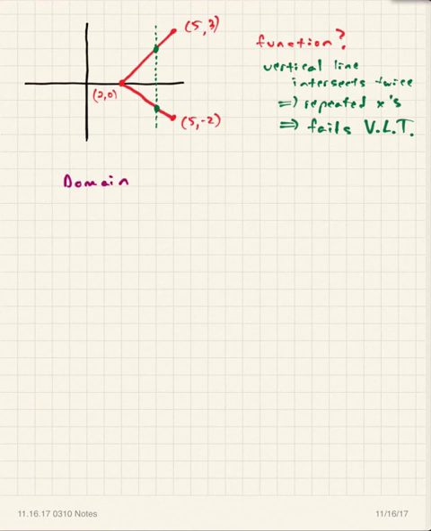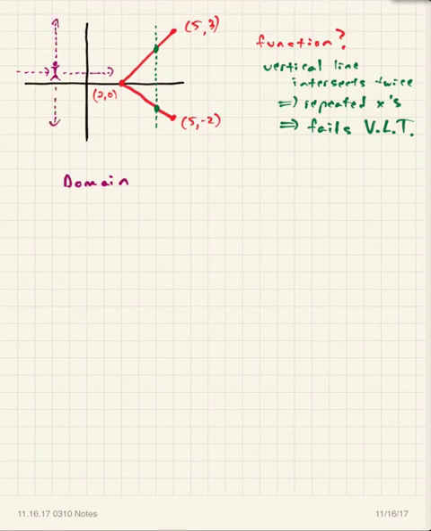So with the domain, remember what you're doing is you're walking along the x-axis, right? Walking along the x-axis. And you're always going from left to right like this. And then you're looking up and down. Remember, you're looking vertically as you walk from left to right.